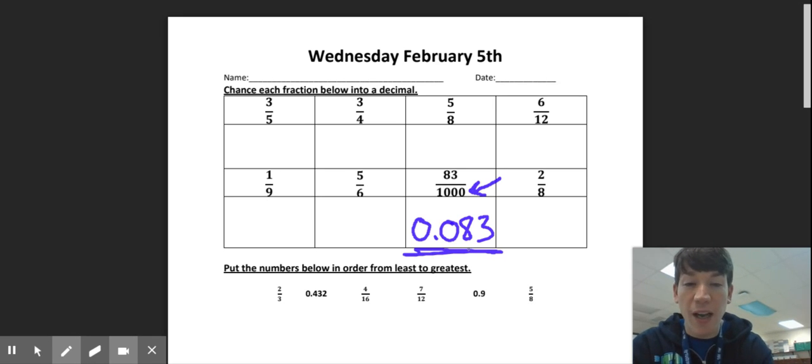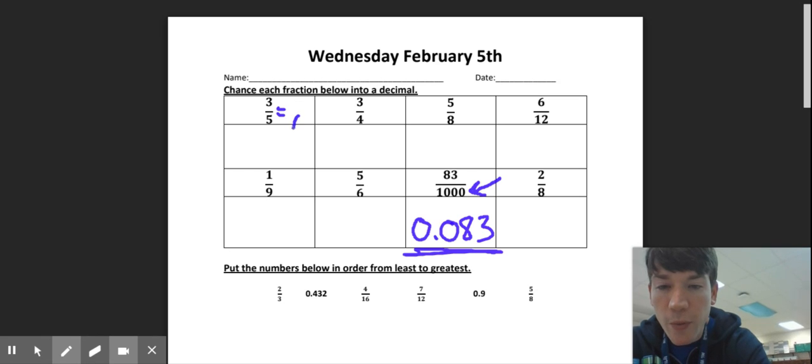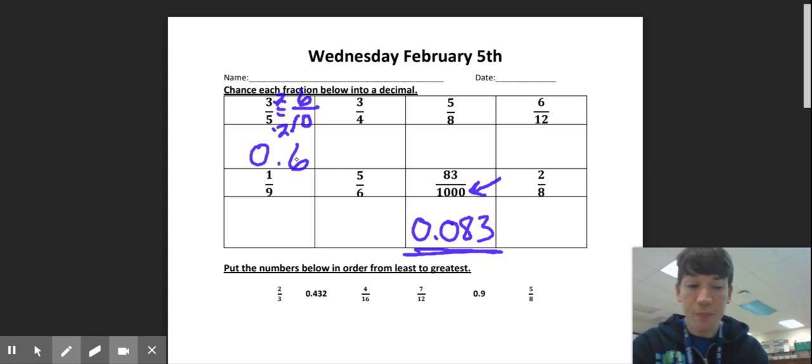Now, anytime we don't have that, we want that. So if we start at the top, when you're looking at fifths, for instance, we're thinking what number can we multiply that 5 by to get it to either a 10, a 100, or a 1,000. We know that we can get a 5 changed to a 10 by multiplying by 2, and we would do the same thing to the top, which is going to give me 6/10, which looks like this.